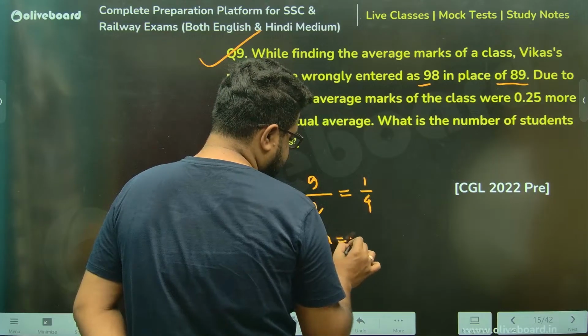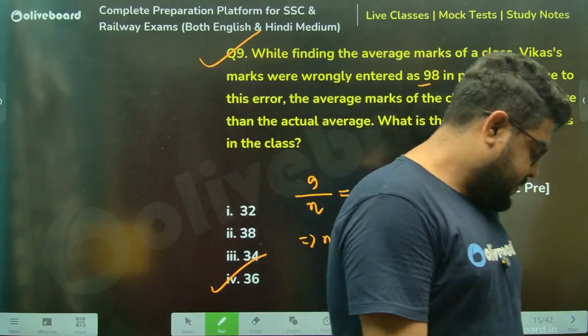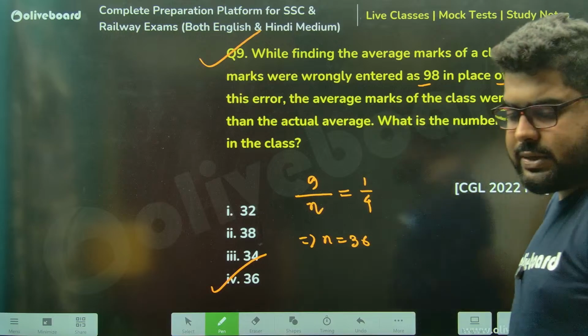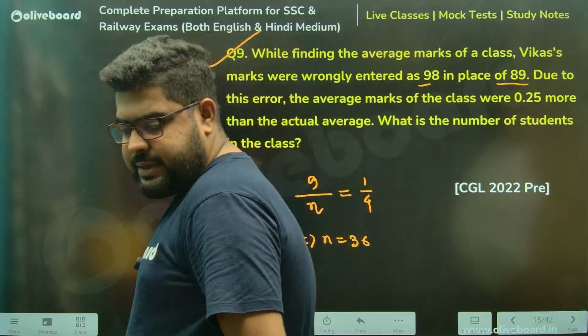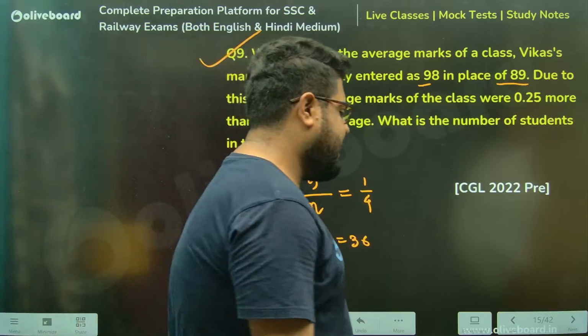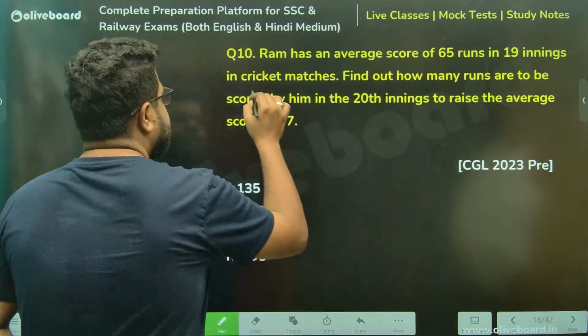Because that way the calculation will be easier. Option number 4. Naresh, not 32, brother. There is no increment or decrement in the number of students. 36 is 100% your correct answer. Done. Nothing is difficult.